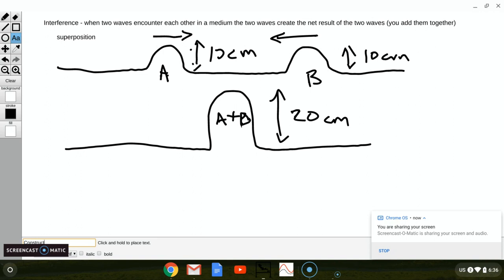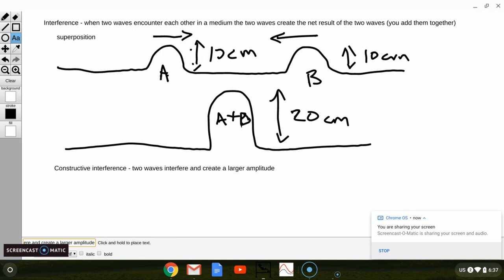So constructive interference is when two waves interfere and create a larger amplitude. All right. So constructive interference is two waves interfering and create a larger amplitude.